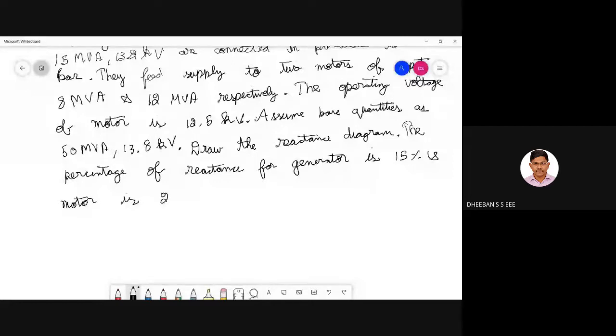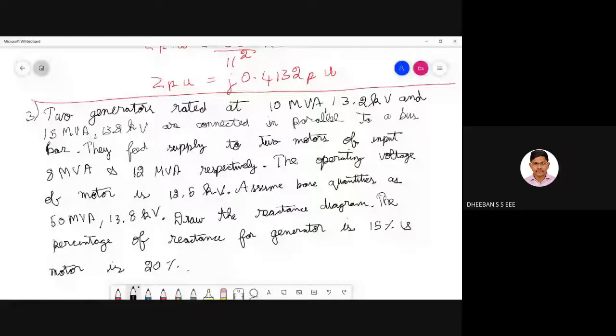Okay, so this is the problem. With this you have to draw the single line diagram. After drawing the single line diagram, you find each thing. If possible, try this problem yourself. It's a very easy problem. There are two buses: in one bus, two generators are connected, and in the other bus, two motors are connected.